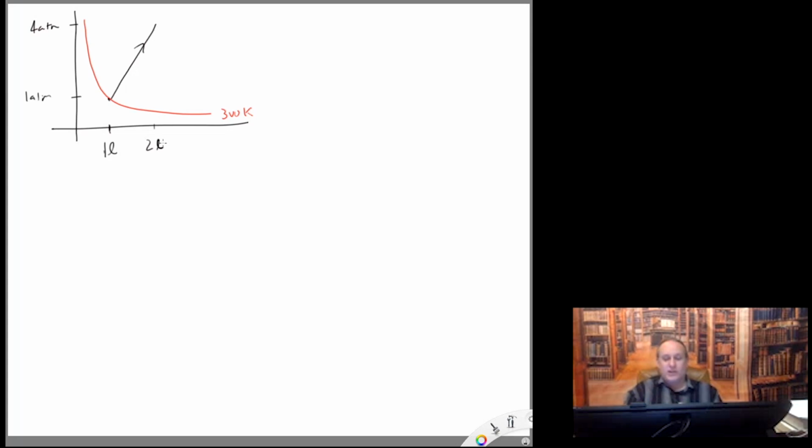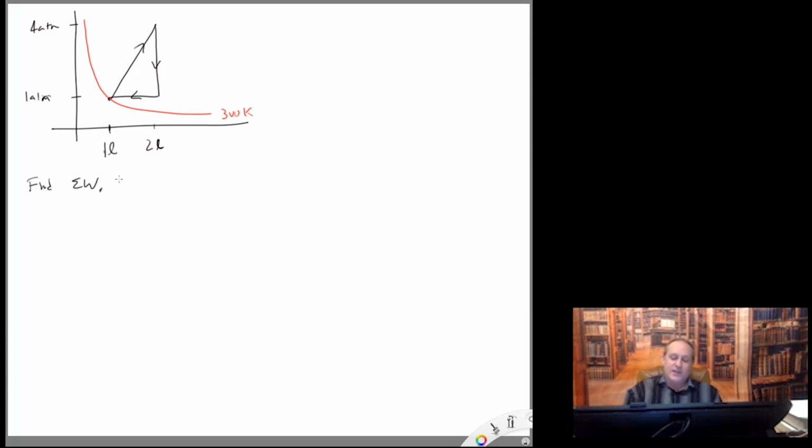So we go to 2 liters. And then it's going to drop down isovolumetrically back to 1 atmosphere, and then it's going to compress isobarically back down to 1 liter.